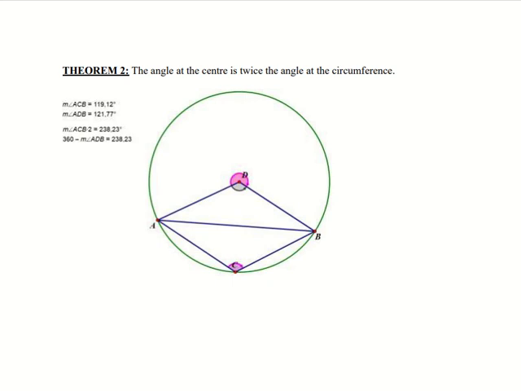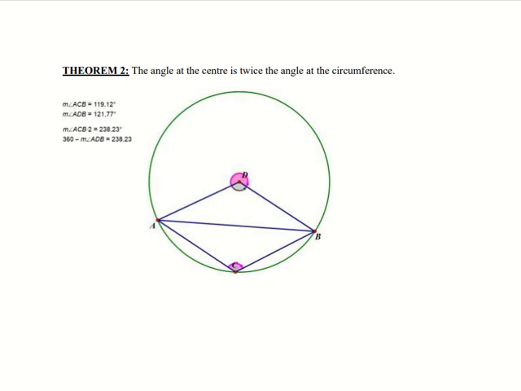And if the angle at the circumference is below the chord, it's going to be an obtuse angle. Then the angle at the center will be the pink angle over there, because D is comprised of an obtuse a revolution, which is 360.